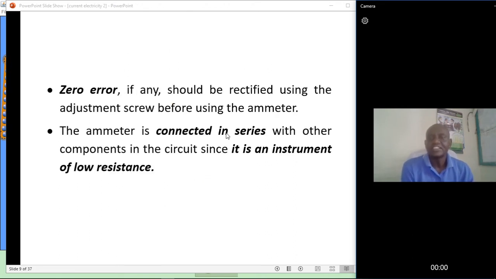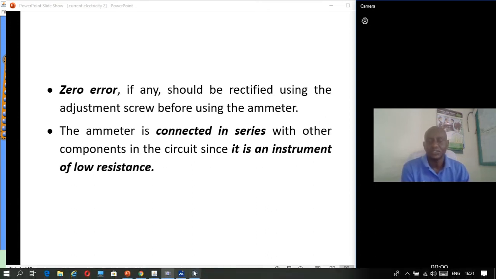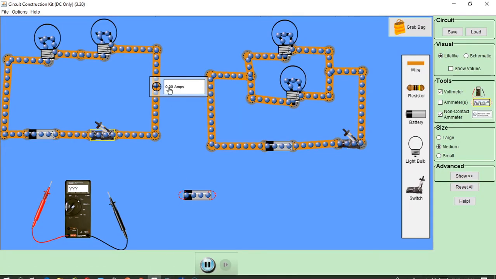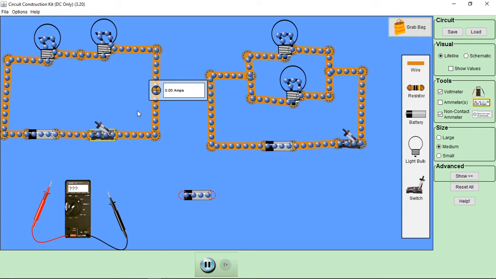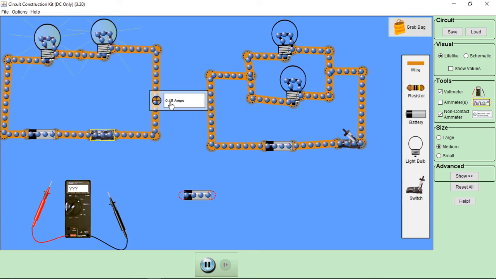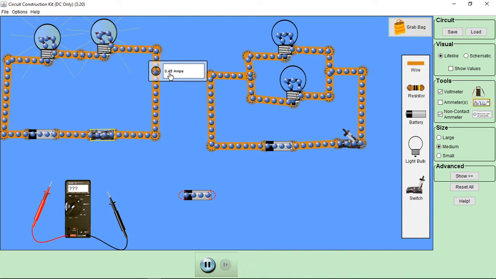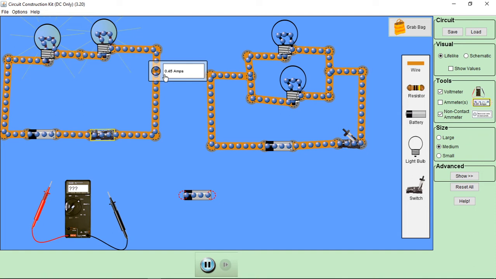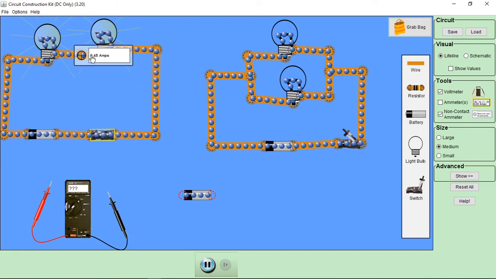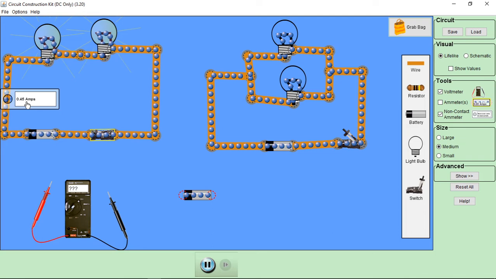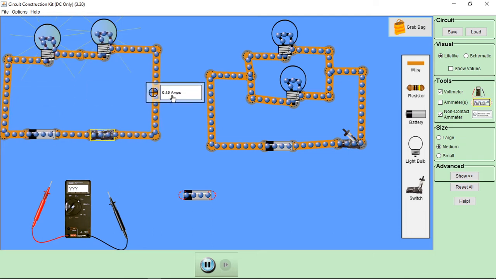The ammeter is always connected in series with the components in the circuit, since it is an instrument with low resistance. In a circuit like this example of ours, we connect it in series, so that it is part of the conductor along this line, and therefore it can read. So you can see it is a series connection.